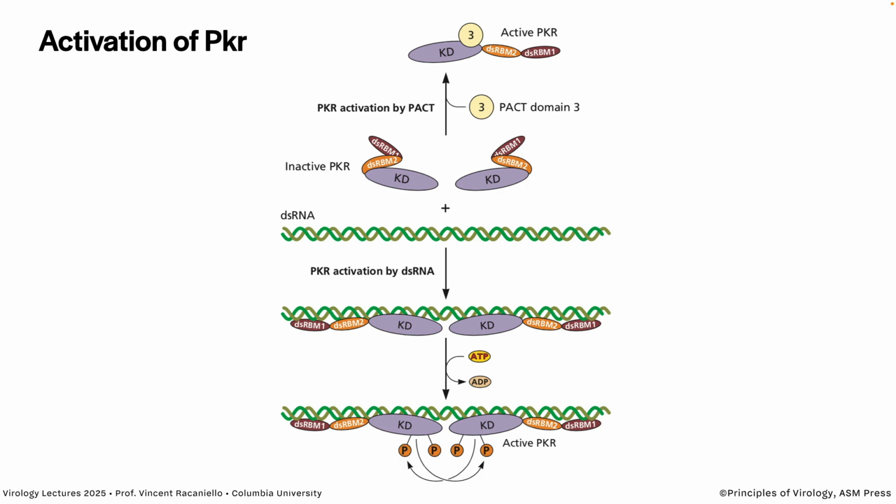But if you make double-stranded RNA, as in a virus-infected cell, this will bind two molecules of PKR. They will phosphorylate each other, and now they are active. But the key is the RNA has to bind two molecules of PKR, not one, because they have to phosphorylate each other. So this is how double-stranded RNA is sensed. PKR is activated, and then that leads to the shutdown of protein synthesis.